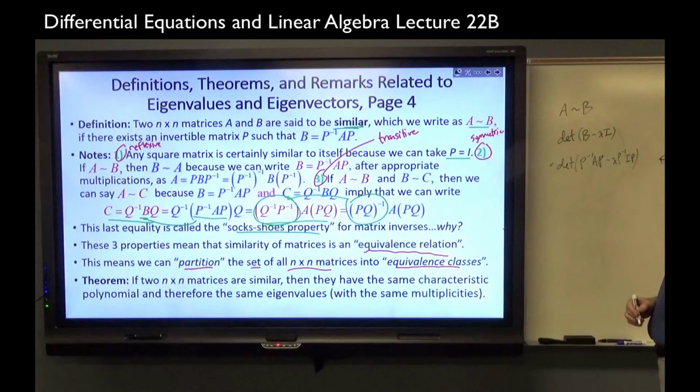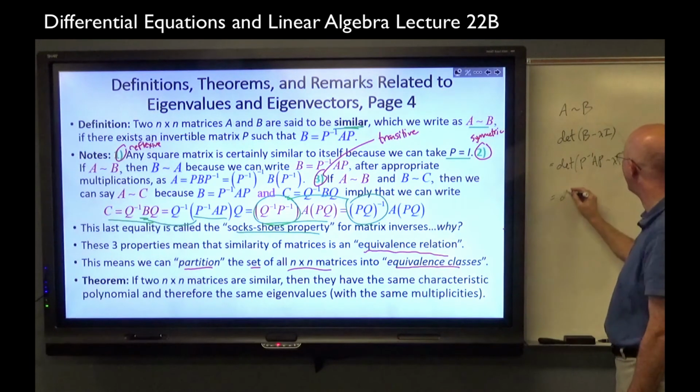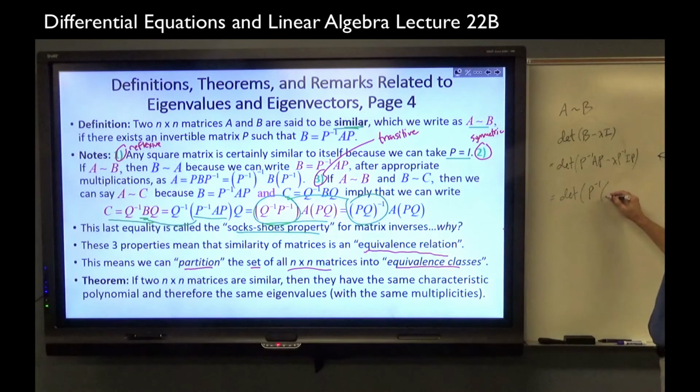Yeah, that's true. And then you can factor out a P inverse on the left and a P on the right to get this.